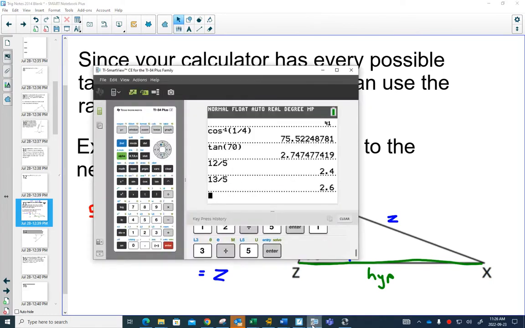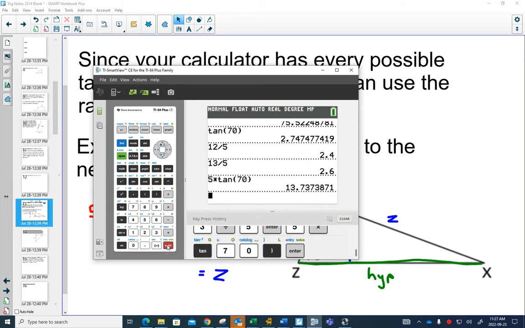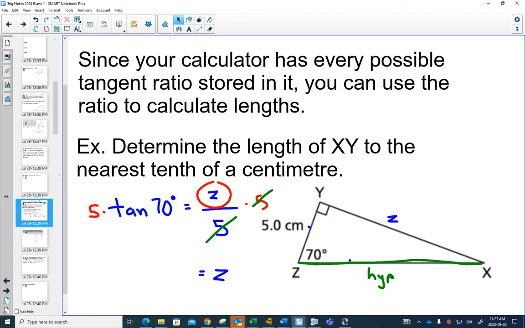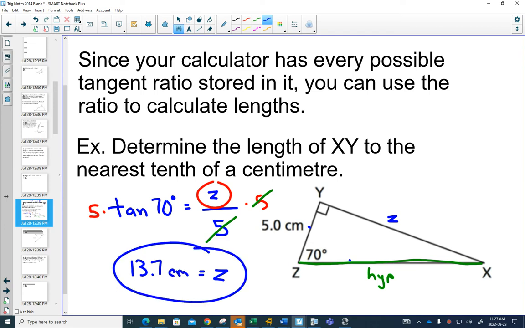So I could have taken the 2.74 and times it by 5. I'm going to just type this in all at once, 5 times tan of 70, and push enter. And I find out, I was close when I got to 13, but the actual answer is 13.74. But it says round to the nearest tenth, so I would write 13.7. Do I have units? Yes. Centimeters. Circle my final answer.